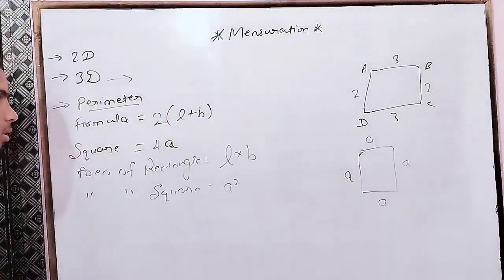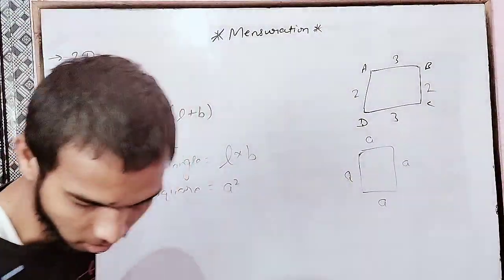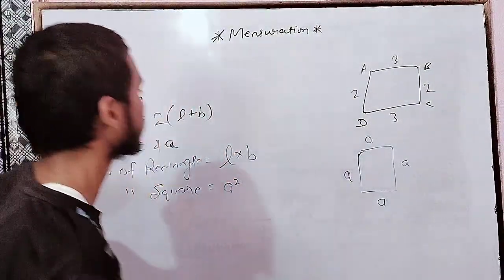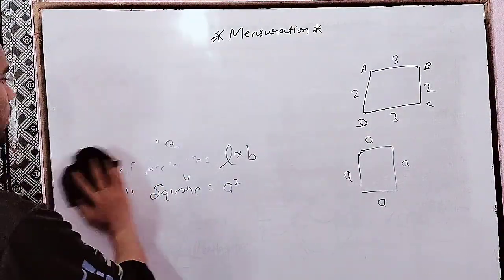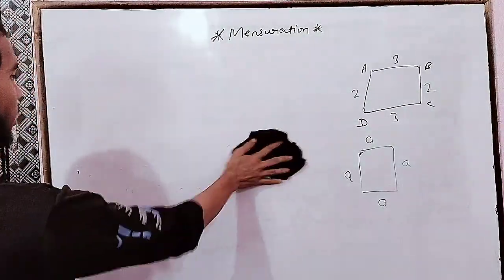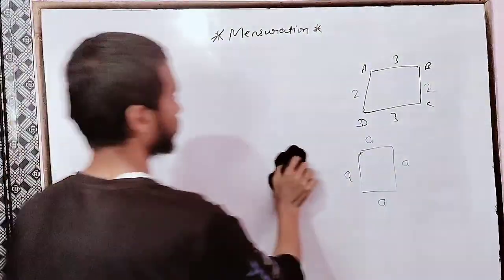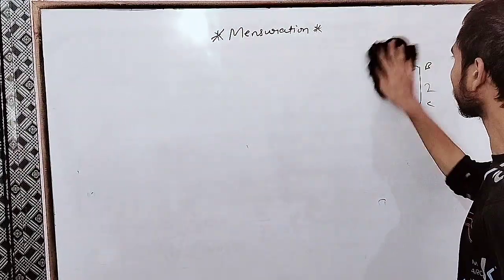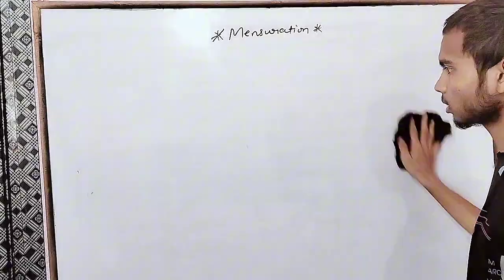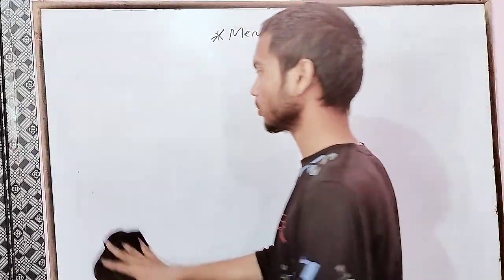Now next, what about a triangle? Let's understand it in detail because it is complicated. You can be confused, but you don't need to be.